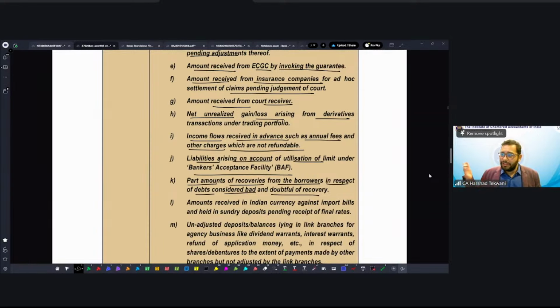Initially, it is written off. Once you receive the amount, you book it on the liability side till the time you adjust all those things. Again, the provision, you reverse the provision, you bring the asset back and then adjust in front of that asset. Till the time it's a part recovery adjustment pending, shown in the liability side, do not count as the DTL.